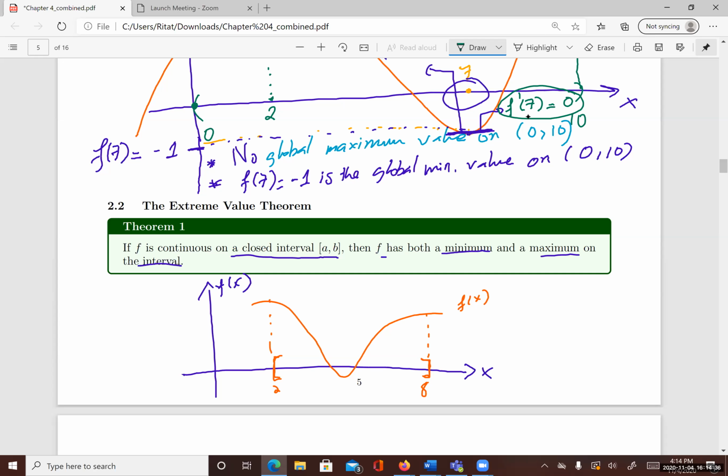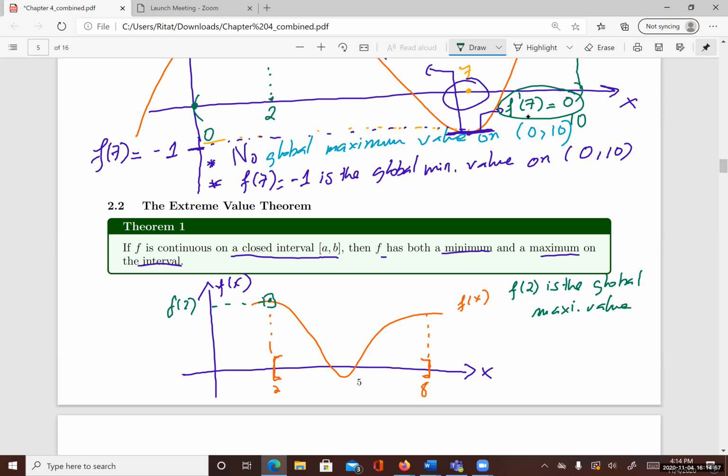As you can see, this point right here, f of 2, is the global max value.